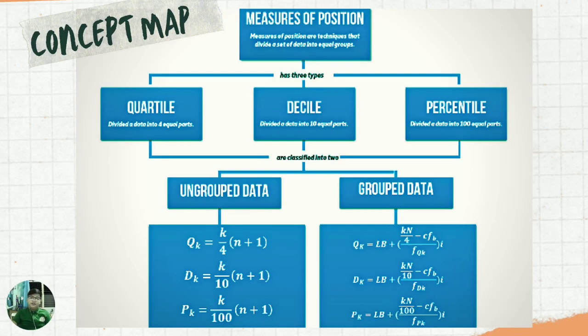Out of those three, quartile, decile, and percentile, there is also a formula when we are to find the percentile of ungrouped data. The ungrouped data formula for percentile is Pk equals k over 100 times n plus 1.